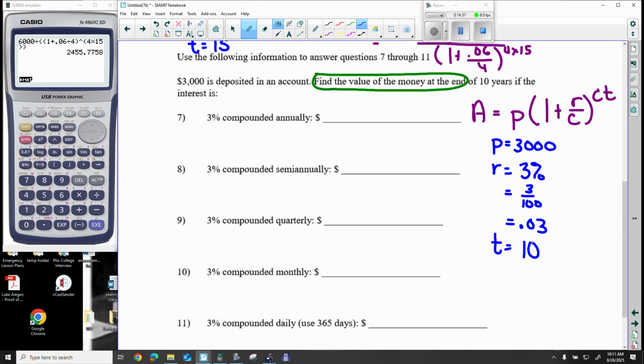Now, the difference between 7, 8, 9, 10, 11 is obviously the letter C, the number of times that it compounds. The first one is going to be 1 because it's annually. The second one is 2 because it's semi-annually. Then we have quarterly, monthly, and daily.